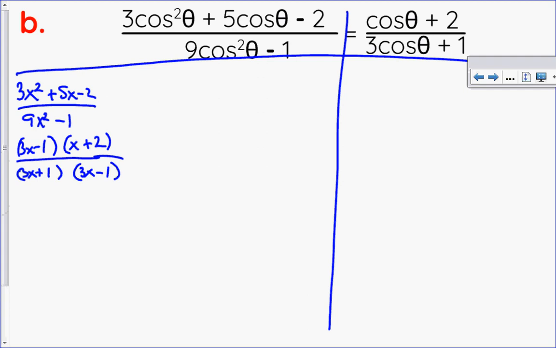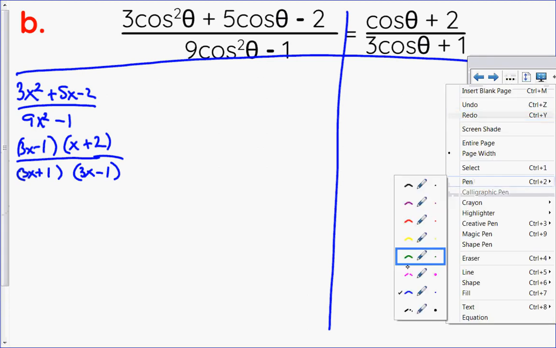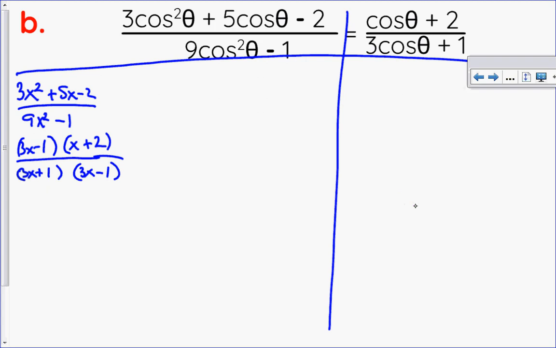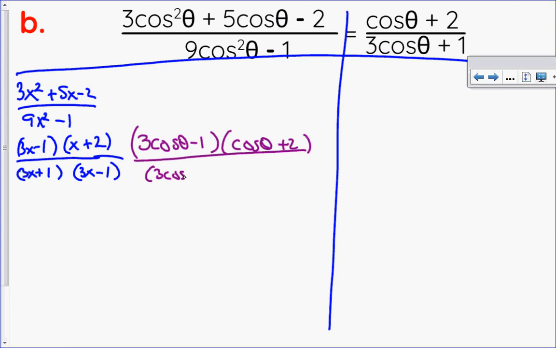So I'm going to do the exact same thing beside it with cosines. Now, if this doesn't help you, you can go straight to factoring with the cosines. So I know that this is going to factor as 3 cos theta minus 1 times cos theta plus 2, all over 3 cos theta plus 1 and 3 cos theta minus 1.